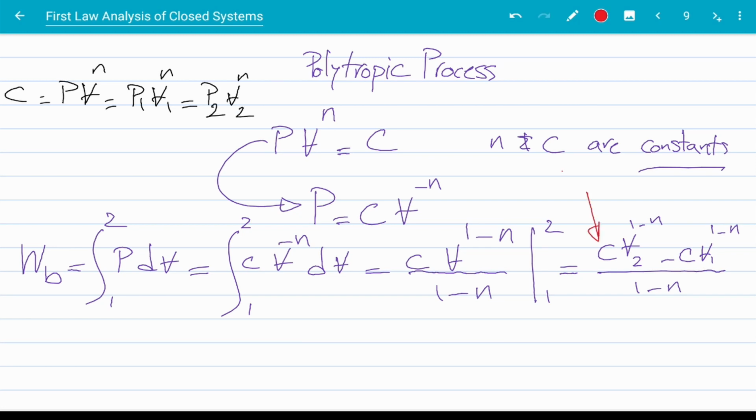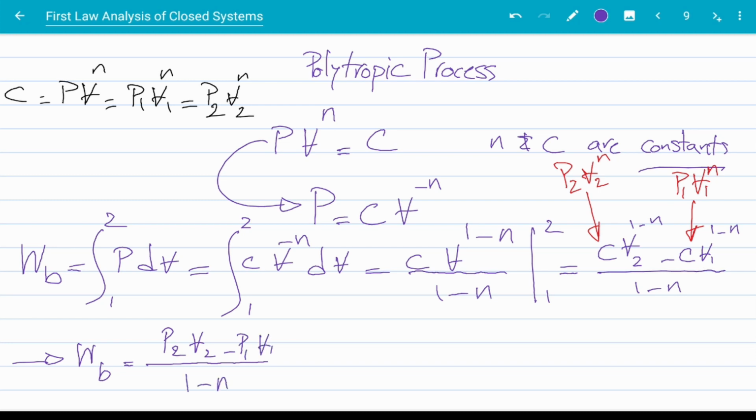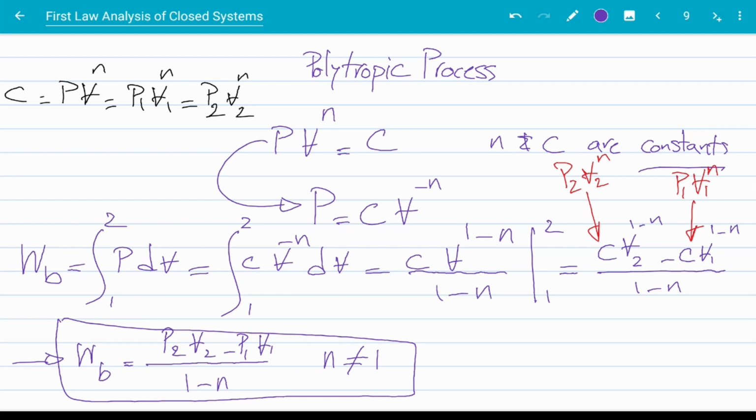So I'm going to plug in P2 V2^n here and P1 V1^n here instead of C. And if I do that, I'll get that the boundary work is P2 V2 minus P1 V1 over 1 minus n. Now, the only condition for this equation is that n cannot be 1. Because if n is 1, then the denominator will be 0, and that is not acceptable.